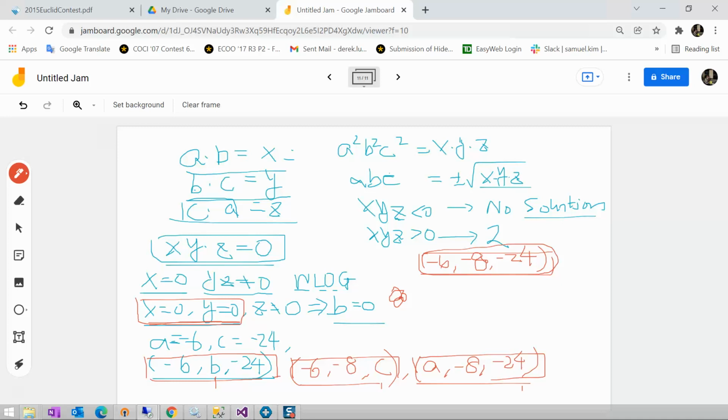For this case, what happened? Then we study here, what will happen is both equal to 0. If we pick A and C, let's say for example x equal to 0, y equal to 0, z equal to 0, right?